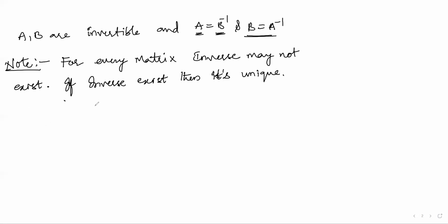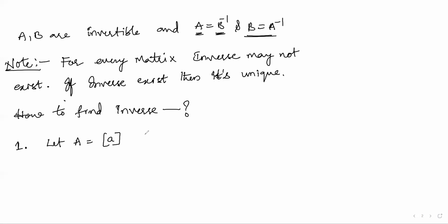All right. So now the question is, how do we find the inverse for a given square matrix? First, for a 1 by 1 matrix, let A equal A like this.